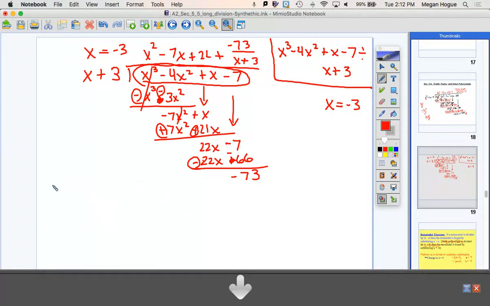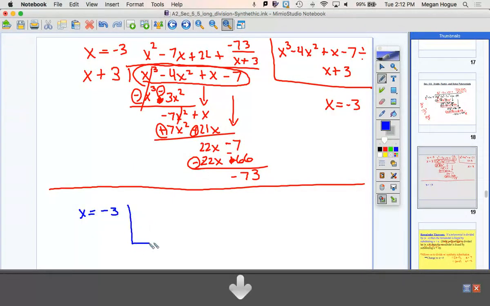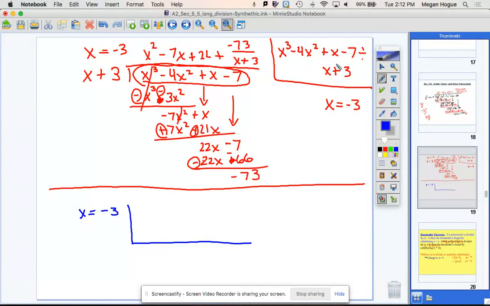I know we have that over here in the corner, but for my synthetic, let me draw a line. I'll even change colors so we don't get lost. So my synthetic, I do x equals the number. I make my little box. It has to be in standard form, and I'm good there, no missing terms. So 1, negative 4, 1, negative 7.